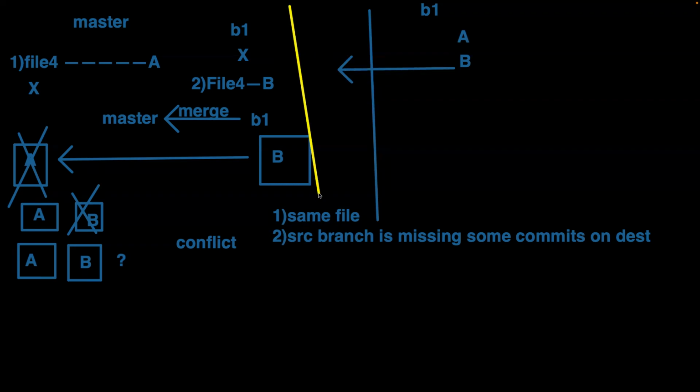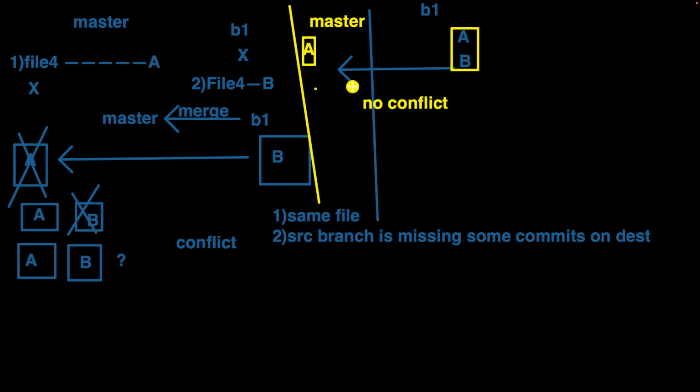Let's say master is having commit A. You then created a branch B1. Obviously, it will also have it. Now, if you merge after making B, do you get a conflict? No conflict. Just AB is there, A is there. Integrating means keep this AB here. So it's perfect, no conflict, even though the file is the same. Let's assume it's the same file name. No conflict.